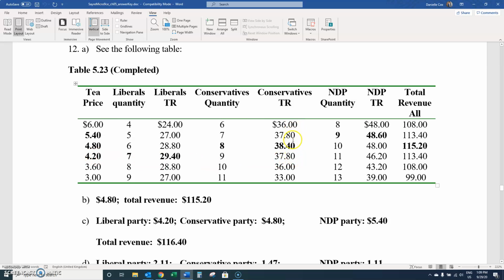The highest revenue for Conservatives is $38.40, so it's going to charge them $4.80. And NDP, the highest revenue here is $48.60, and that corresponds to a price of $5.40. So that's the price it would charge, and then to get the total revenue, you're just going to add the three revenues together to get $116.40.